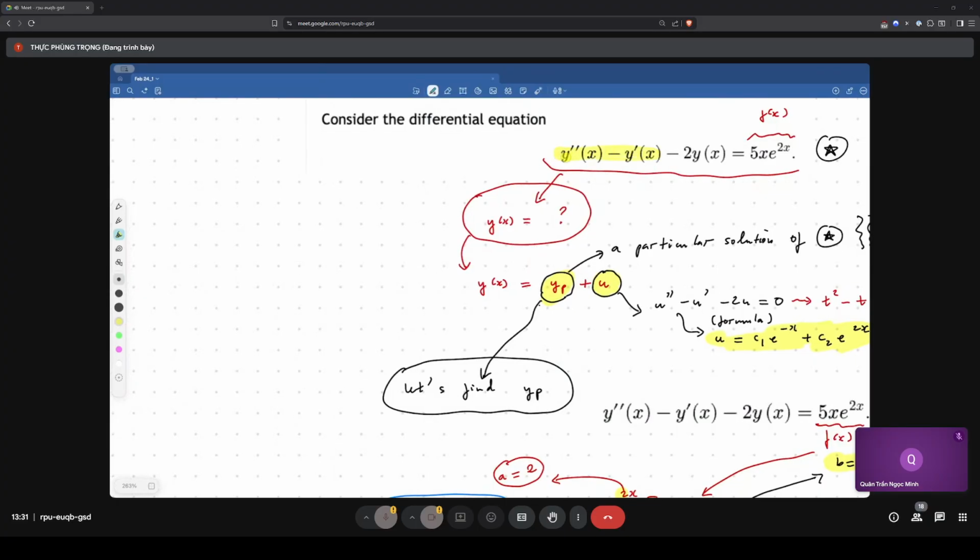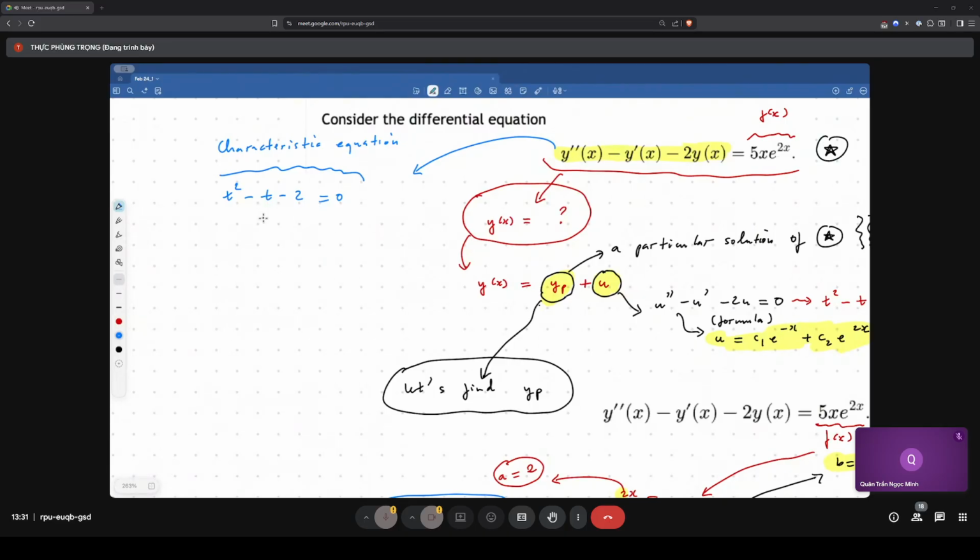From here, you know, the characteristic equation we have is t squared minus t minus 2 equals 0. Now, remember that you always have 0 on the right-hand side when you write the characteristic equation, whether homogeneous or non-homogeneous.